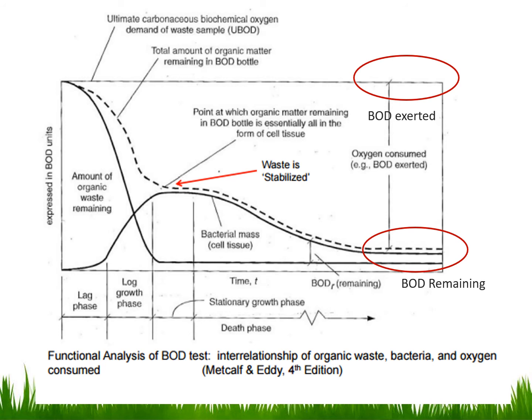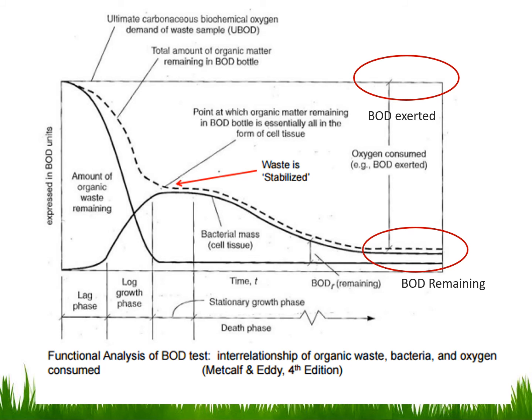They will start using that food and that environment, and then they will grow in this speed logarithmically, exponentially, until the whole organic content is no more available.